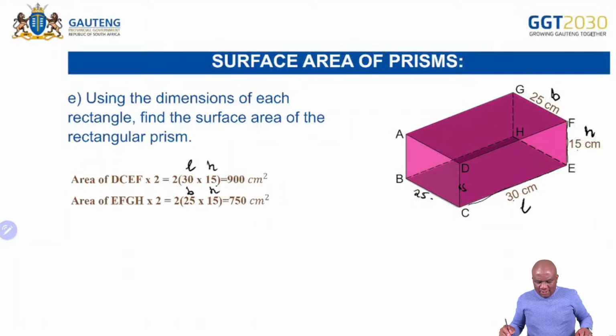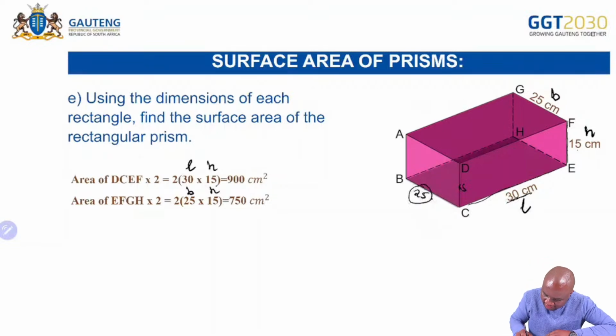Right, welcome back, greetings. Now, the bottom rectangle and the top rectangle. We have the length of the prism, which is also the length of this rectangle, BCEH. And then we have BC, which is the breadth of the rectangle and also the breadth of the prism, okay?